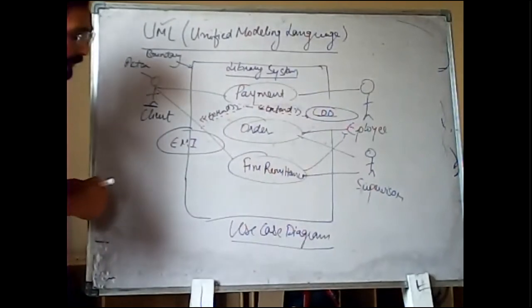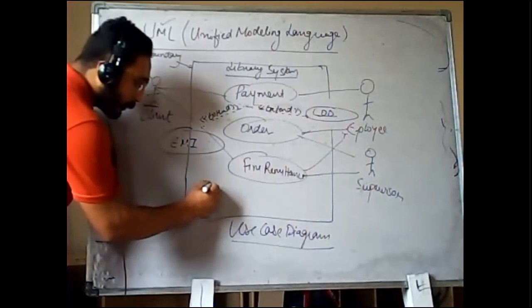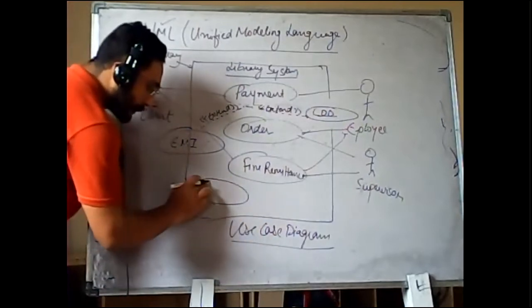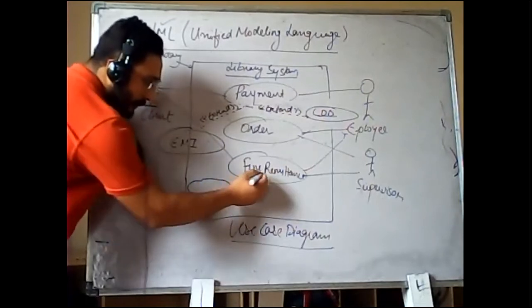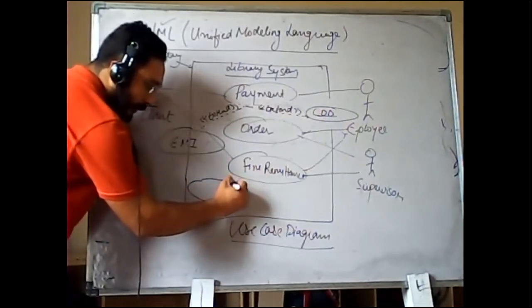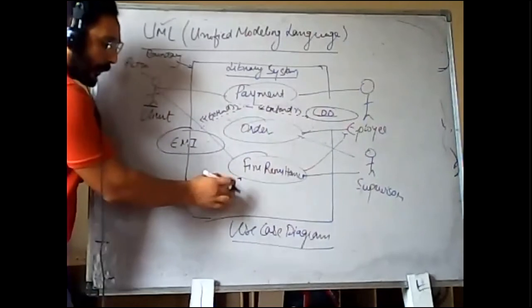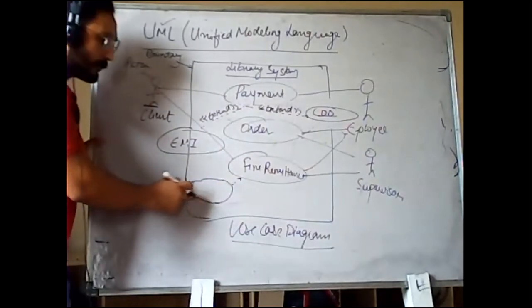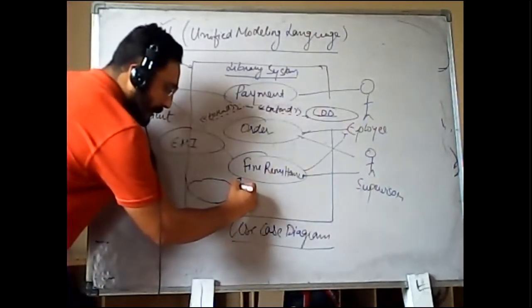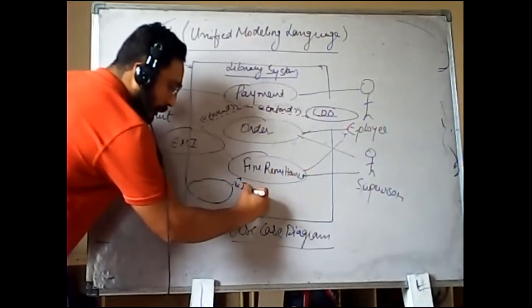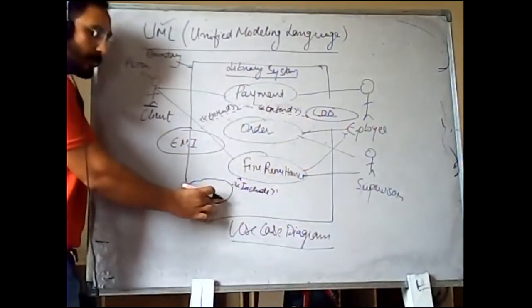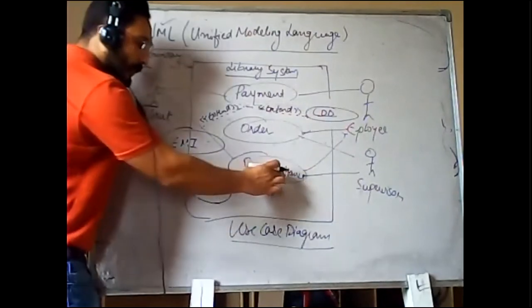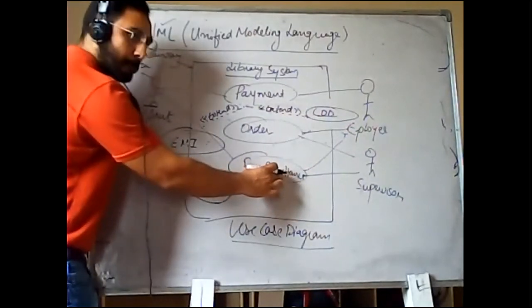Okay, and further, if there is an include relationship, if I say that this fine remittance has a relationship with another subsystem, then this will be mentioned as include. It means this sub function or sub use case is related to your fine remittance.